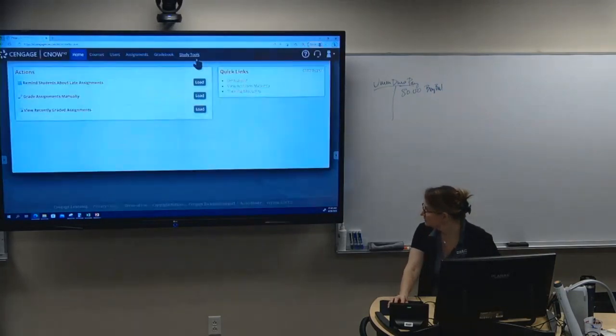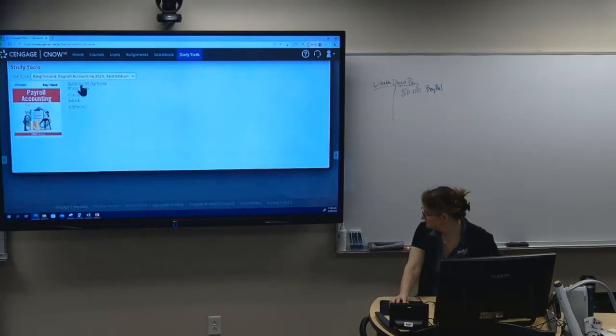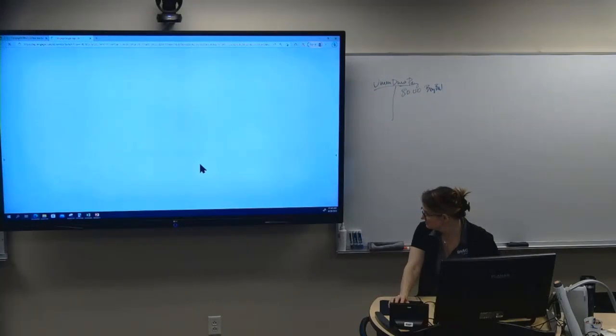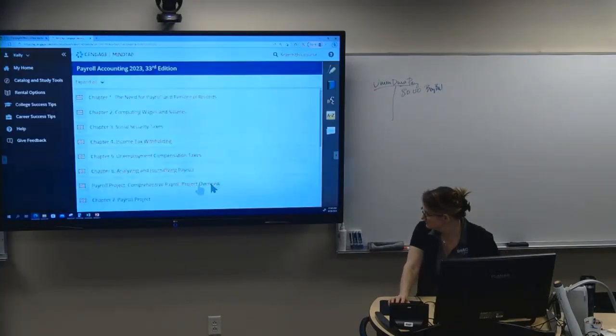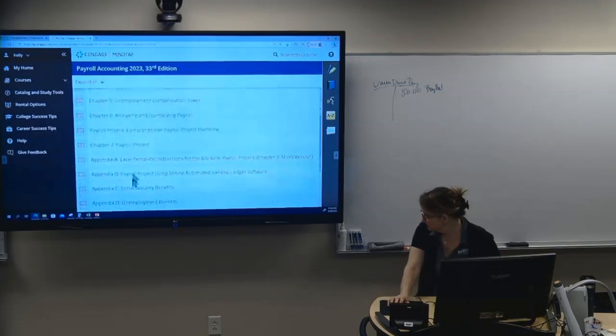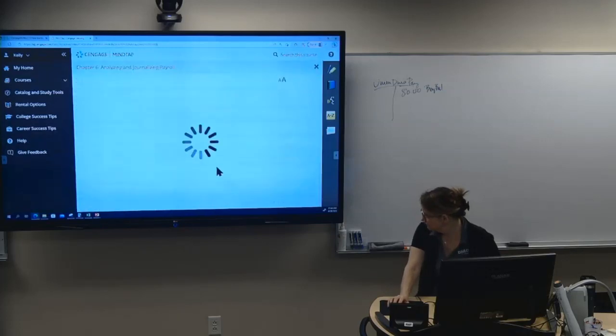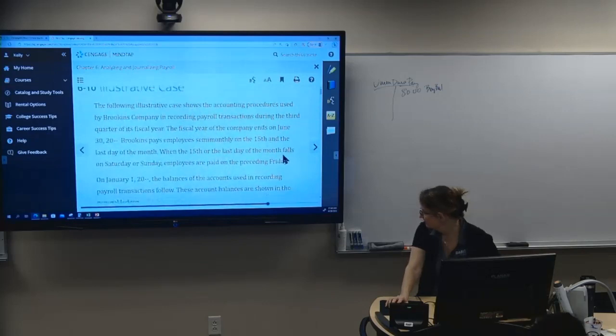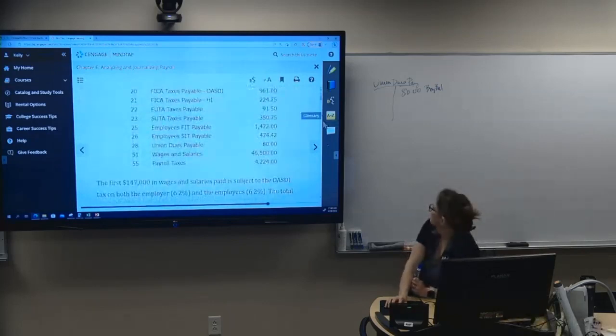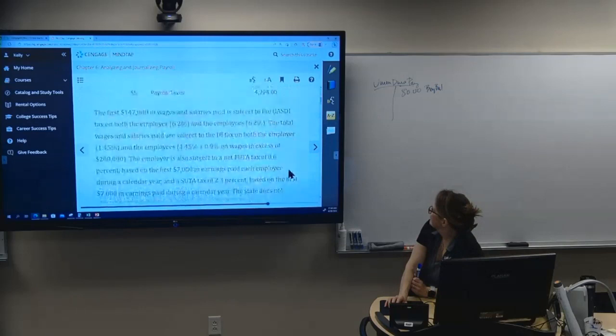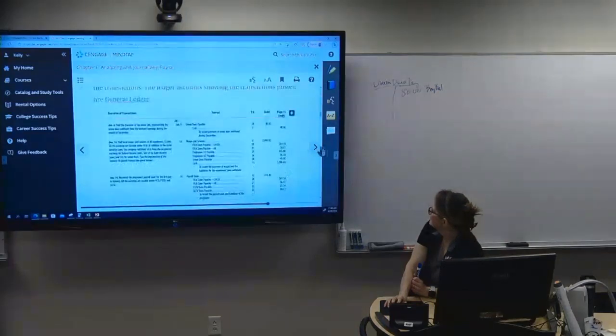Does it give you a different view at all? And then you try to open the ebook. No, it's just hard to see.